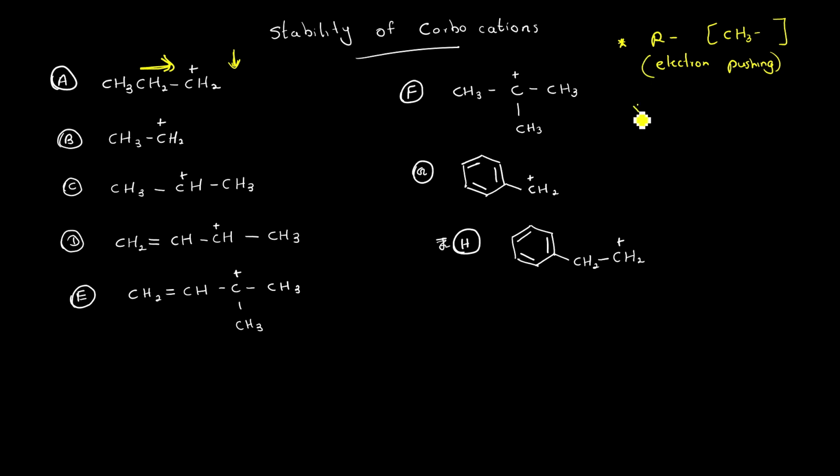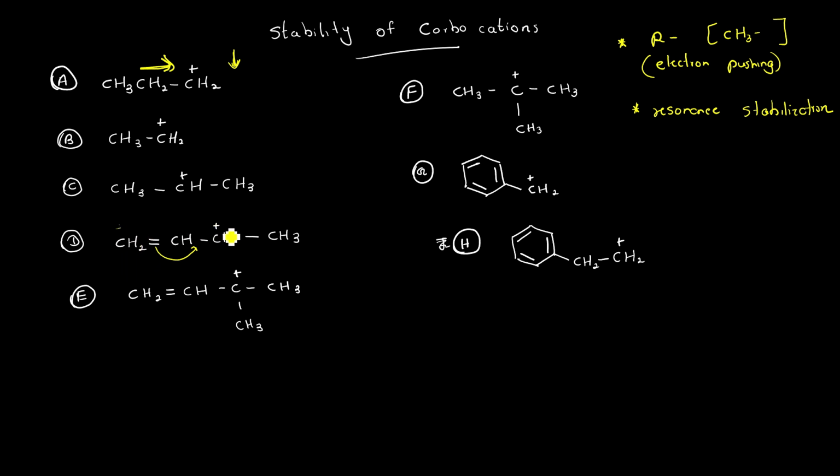And the other one is the resonance structure. If you look at this example, you can move this double bond to this position, breaking this double bond and moving it here. Now this carbon is going to take the positive charge.